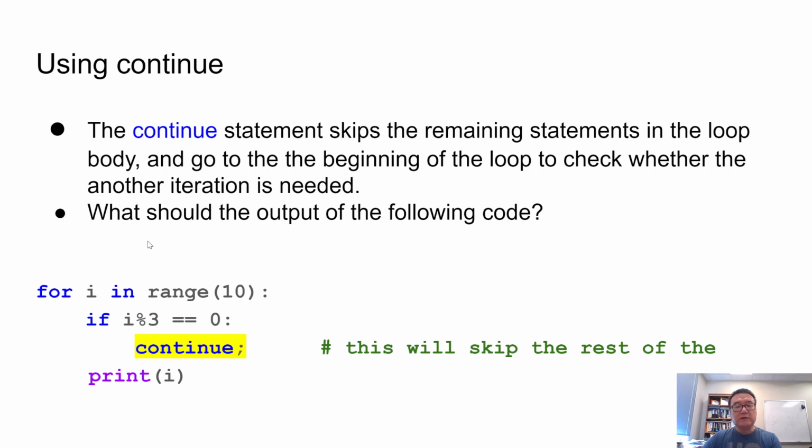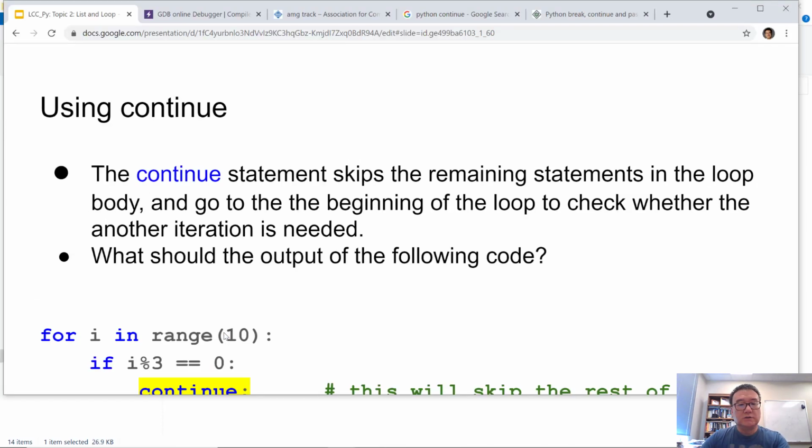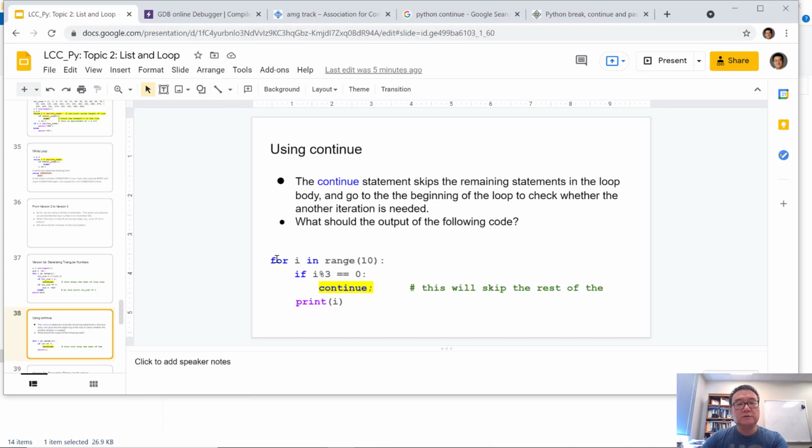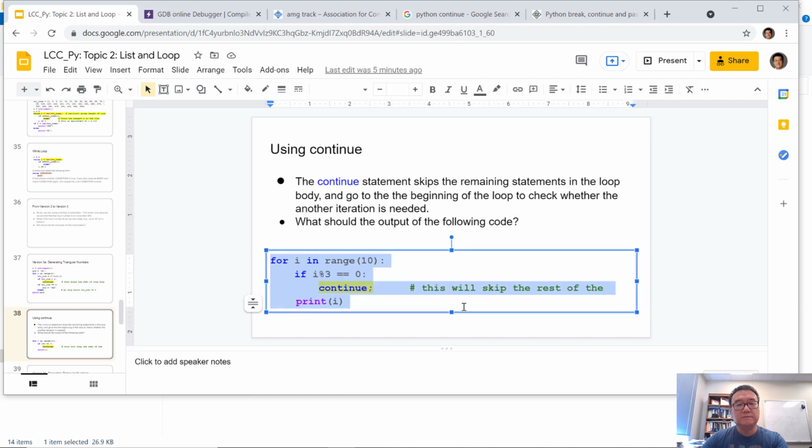To understand that, I want you to make sure you can tell what the output of this code is. So let's run it on online GDB. This should print some numbers between 1 and 9. The question is which numbers get printed.